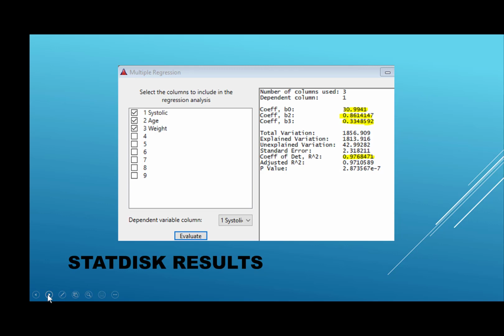B1 is what you would have in column 1. And in our column 1, we have our systolic blood pressure, which is our dependent variable. So it is going to be the Y variable, which means that I do not have to have a coefficient for it. The other thing that you will notice is I have highlighted the coefficient of determination, and we'll talk about that on our next slide.